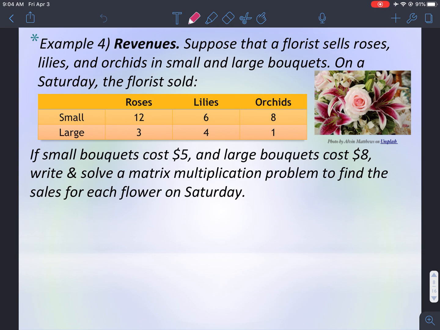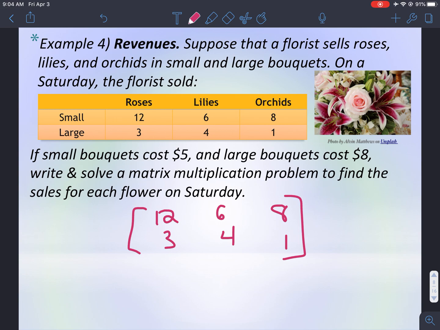The first thing to recognize is that we are going to need a matrix of the flowers that is given to us in the table. It costs $5 for a small and $8 for a large.